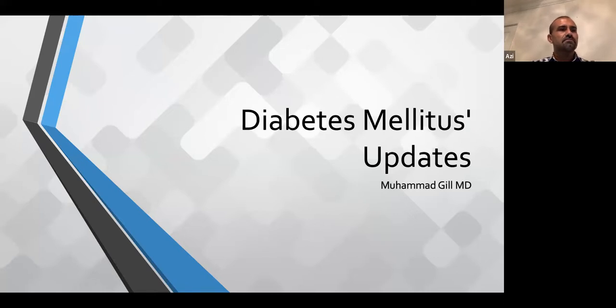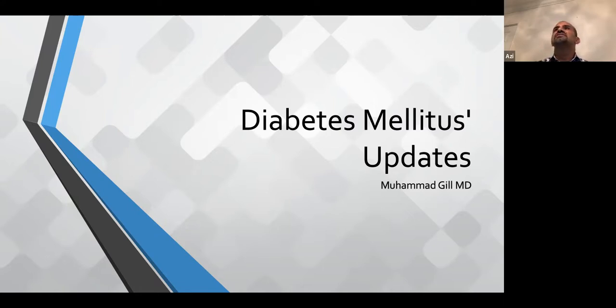So as we know, diabetes mellitus is a disease of poor metabolism of glucose, manifested by mal-secretion of insulin, and that affects metabolism of tissues and causes macrovascular complications.